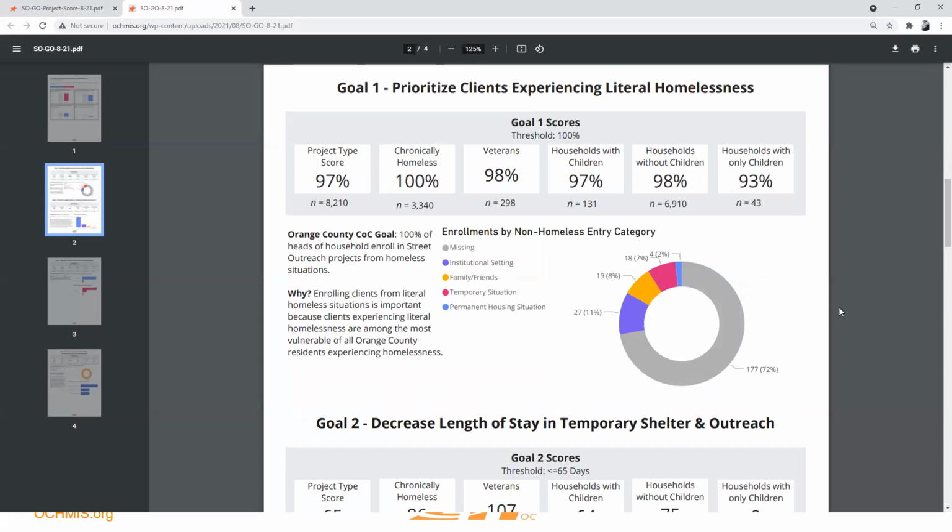Okay, so entries from homelessness. Again, you can look across the top and see the percentage of entries from homelessness for the project type as well as different subpopulations. And then in our donut here, you can see for those not entering from homelessness, where they're coming from. And the majority of clients, that information is missing.